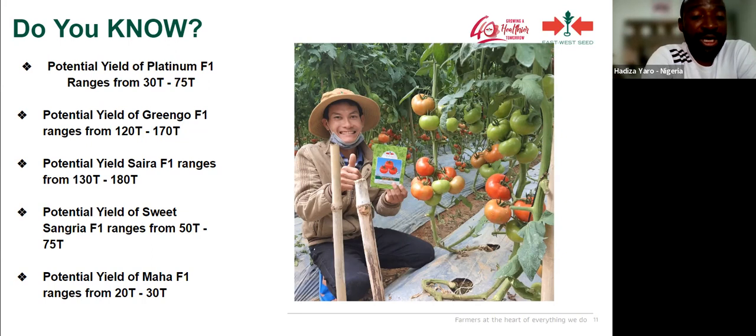But under good agronomic practice, under good management, you can have this potential yield for sweet sangria. And the bricks in this season will increase based on the season we have.